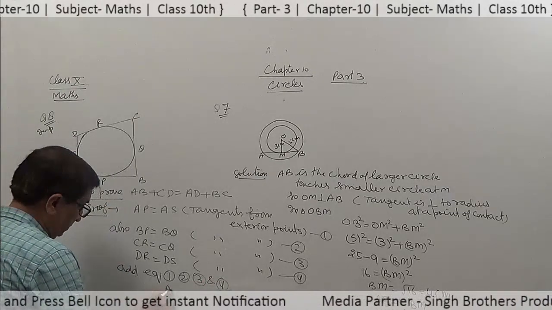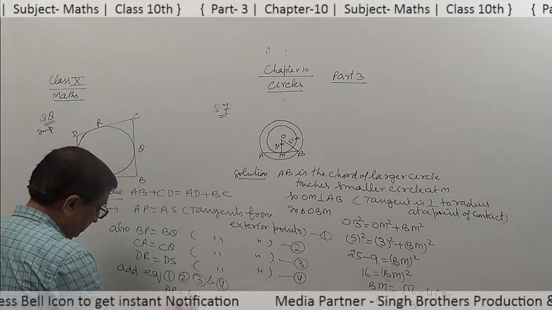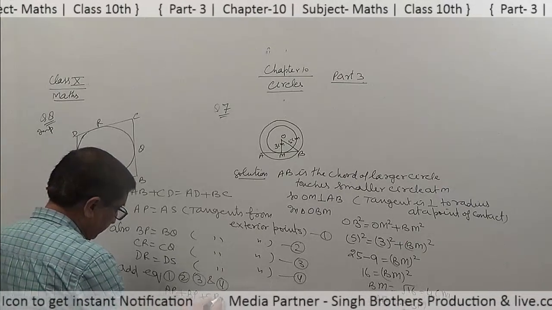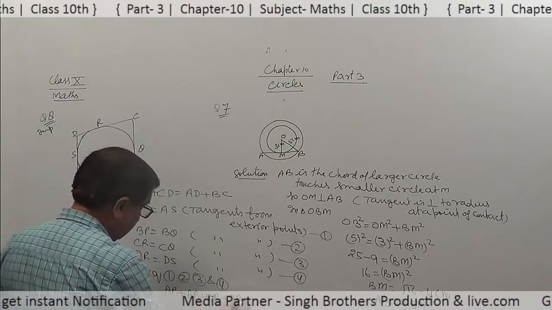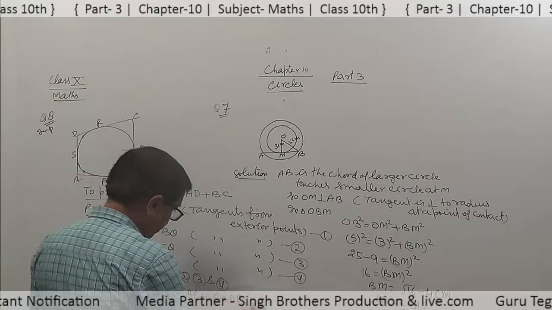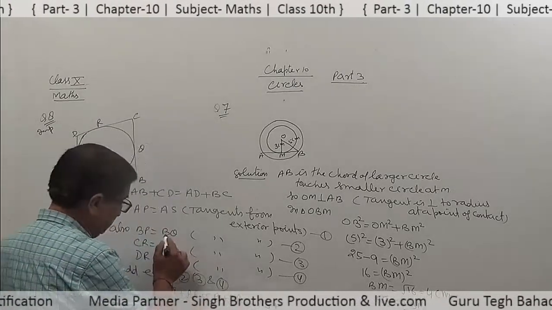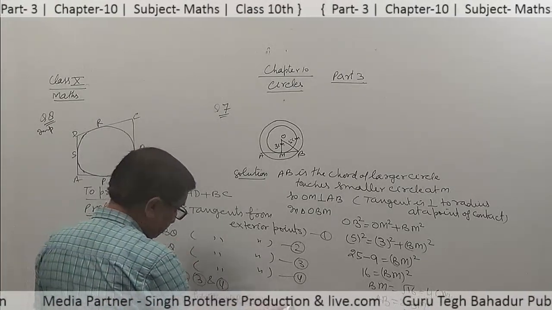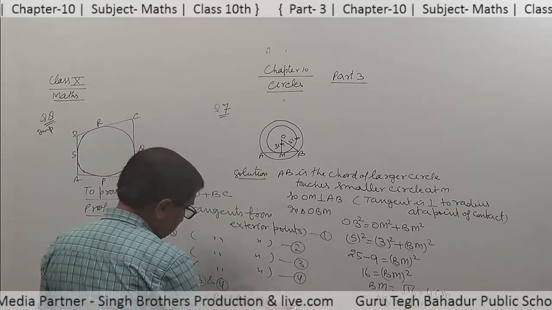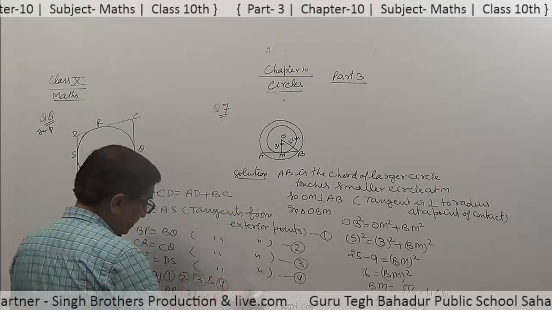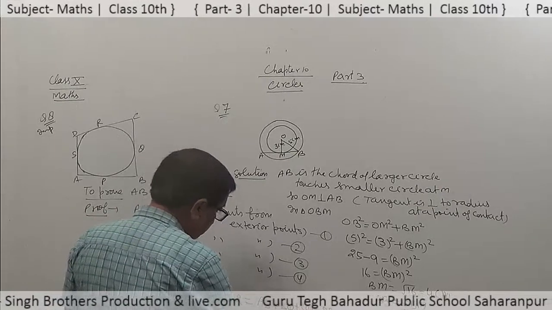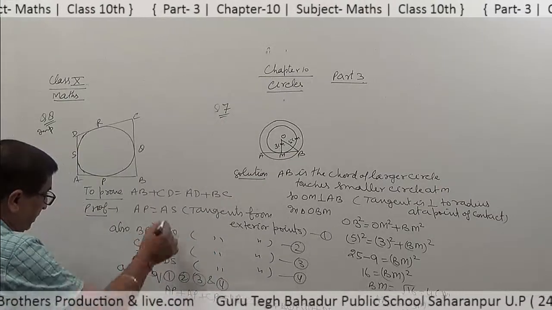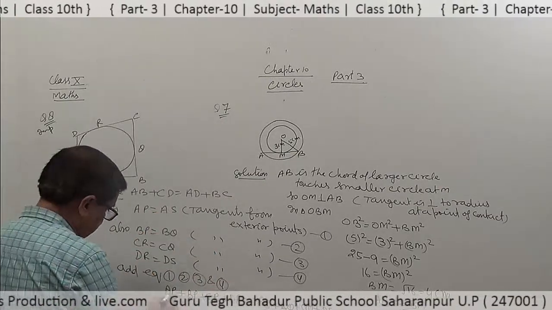So AP plus BP plus CR plus DR is equal to AS plus BQ plus CQ plus DS. These 4 are added and these 4 are added.